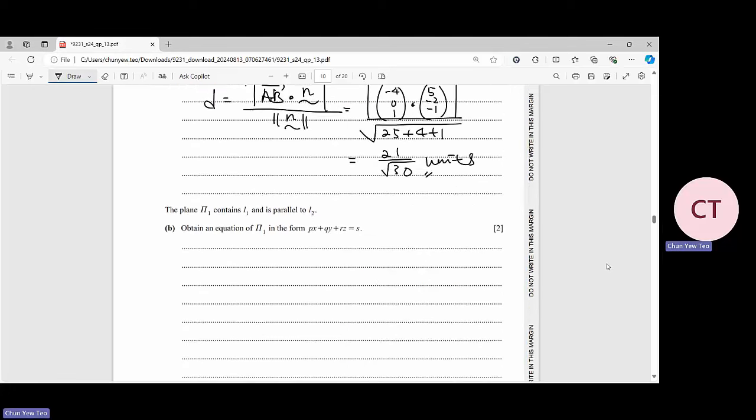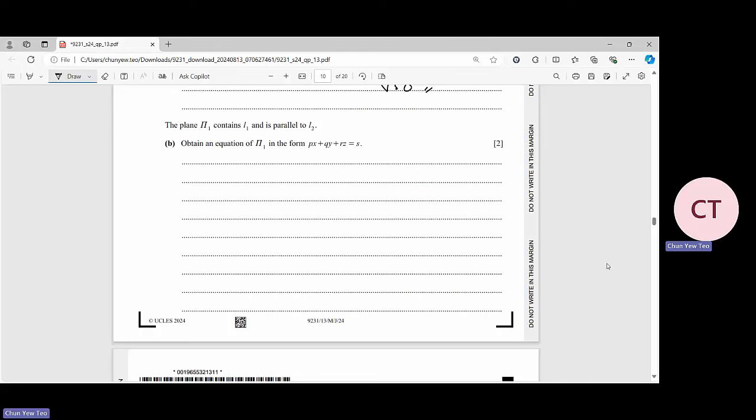So now we move on to part B. We have a plane pi 1 containing L1 and parallel to L2. So you have the plane. This is L2 parallel, and pi 1 with L1 is like this. So they want you to find the equation of pi 1.